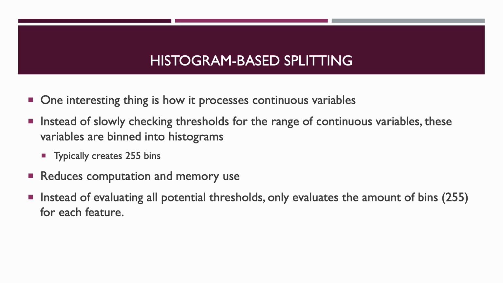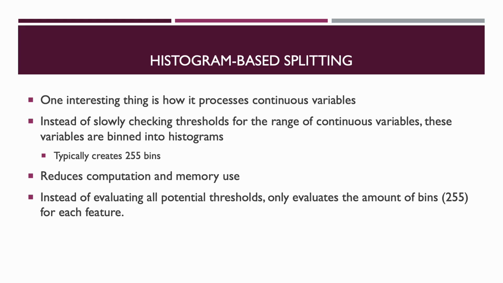Another interesting attribute of this model is its histogram-based splitting and how it processes continuous variables. With a typical tree, it'll usually measure all potential thresholds of a continuous variable. But instead, the LightGBM model bins these variables into histograms.